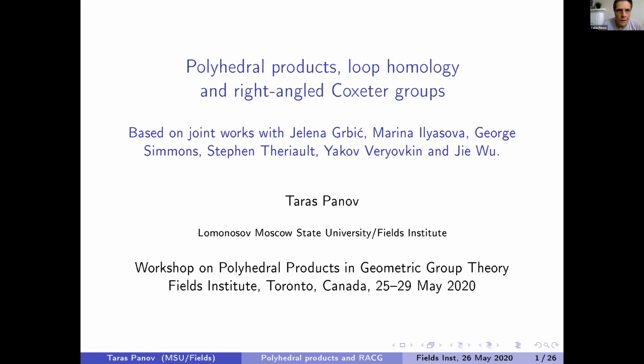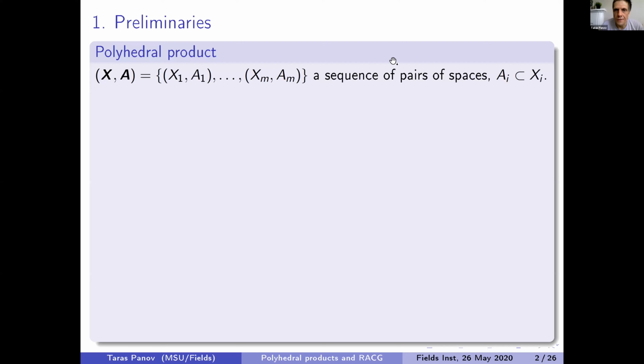Okay, so I'll briefly recall the definition of the polyhedral product just to set up the notation, because there are several competing notations for these spaces. We have a sequence of pairs of spaces (X_i, A_i), which we denote by a boldface letter. And we have a finite simplicial complex K on an ordered set of m indices.